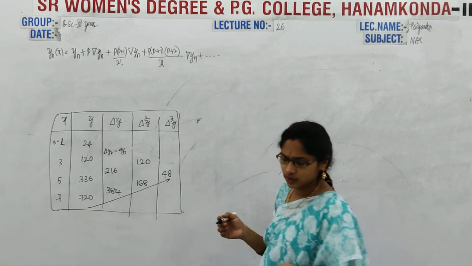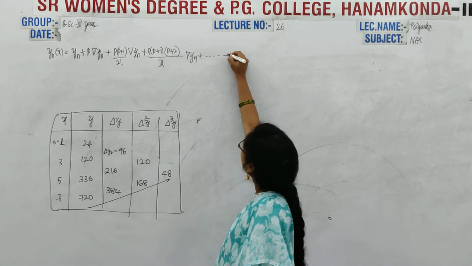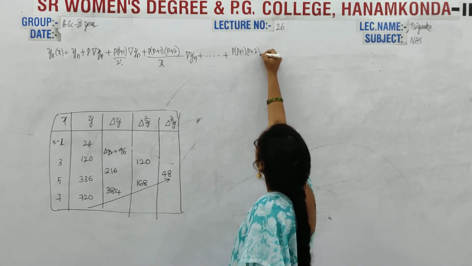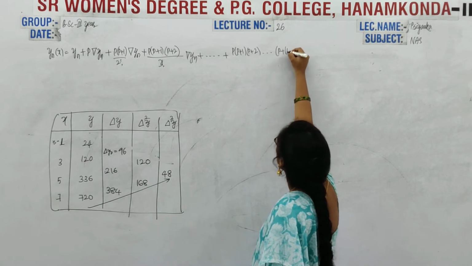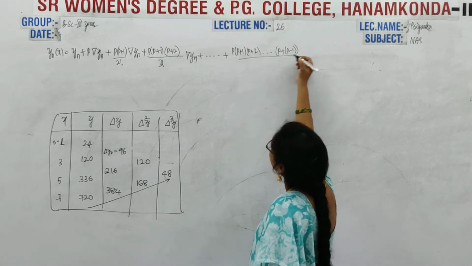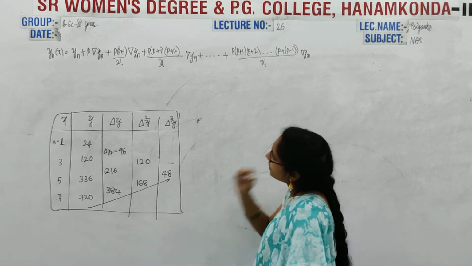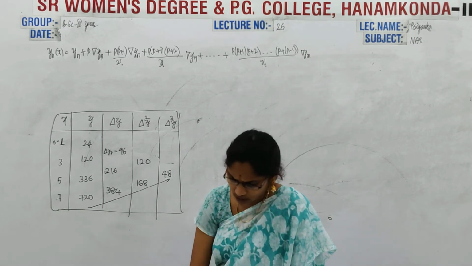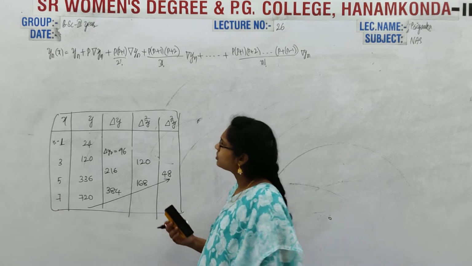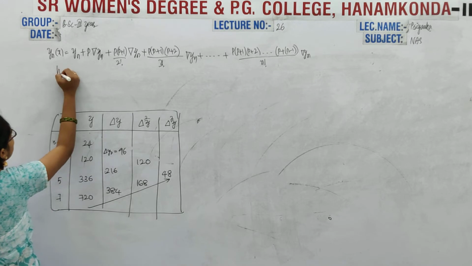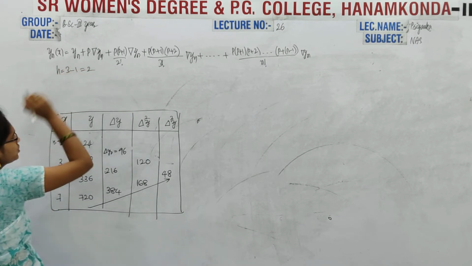Okay, and we know that the last term is nothing but plus p into p plus 1 into p plus 2 and so on, p plus n minus 1 by n factorial. Okay, so now here we have to get the same answer, of course. So now here I have to calculate h. H is nothing but obviously 3 minus 1 is 2.